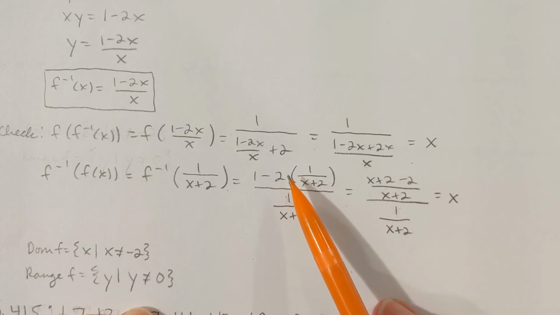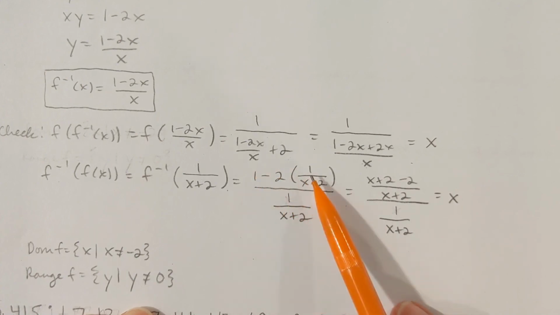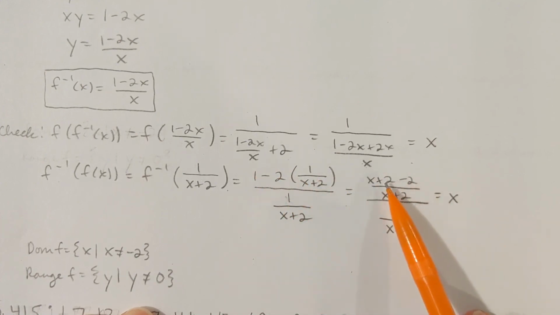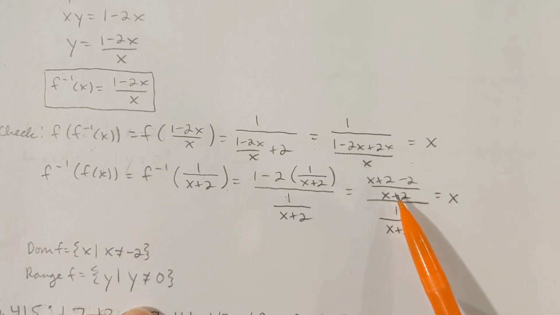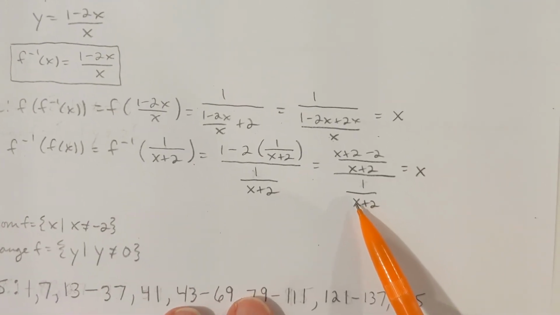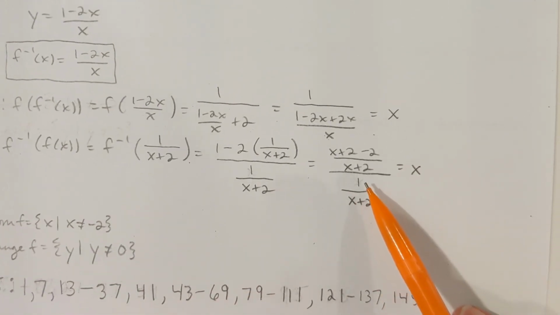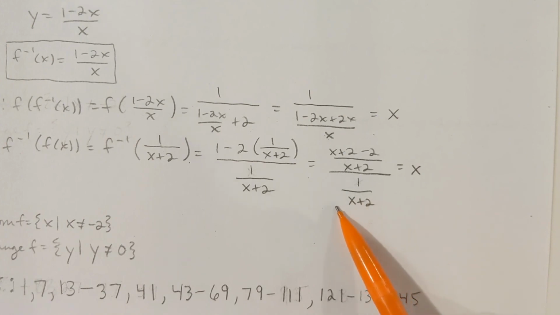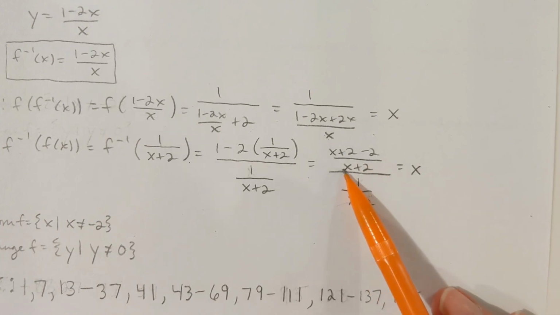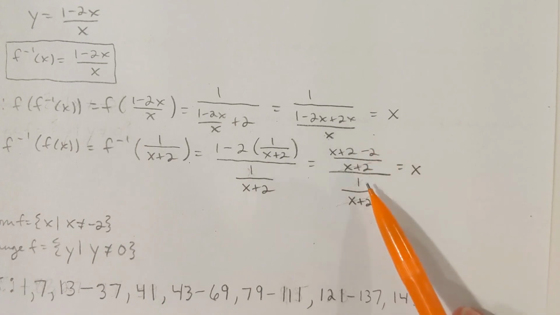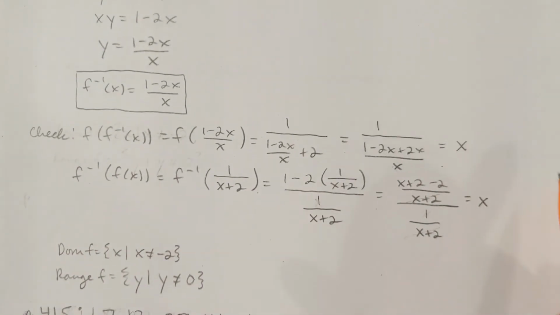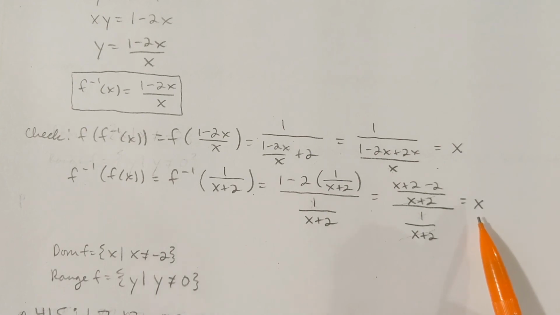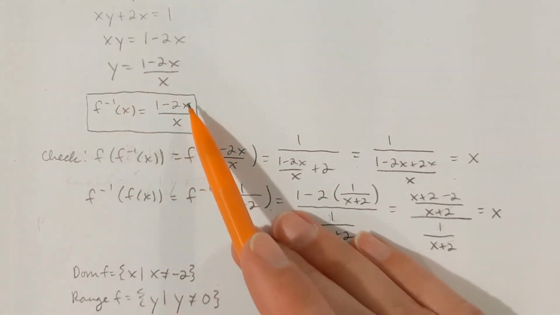And so I can add the numerators. X plus 2 minus 2. The 2's cancel there, and that would leave you with x over x plus 2 divided by 1 over x plus 2. Now, since you're dividing by a fraction, the next thing would be to flip the denominator. The x plus 2's would then cancel, leaving you with x over 1, or just x.